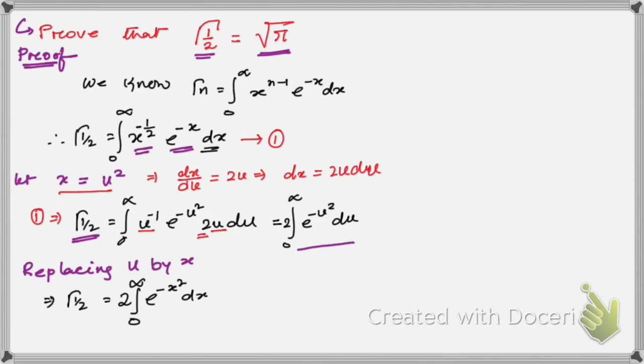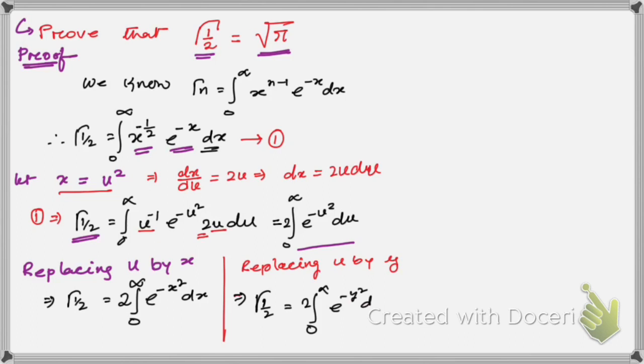And if you replace u by y, then you will get gamma half is equal to 0 to infinity e to the power minus y square dy.